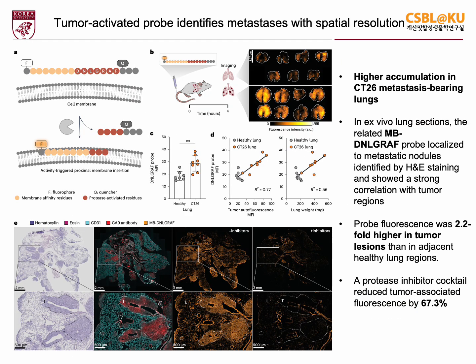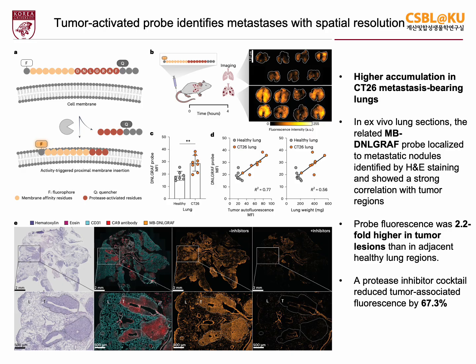In this section, the authors tested whether a PSEF-derived substrate could be converted into a spatial imaging probe for metastasis. They engineered DNLG-RAF into a membrane-binding fluorogenic probe that becomes locally retained after proteolytic cleavage.